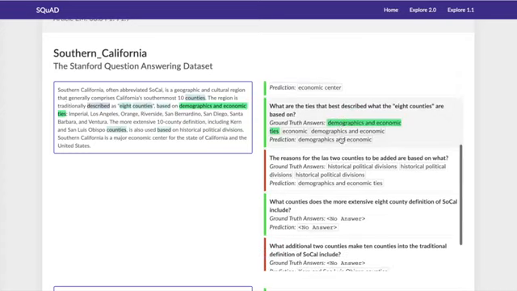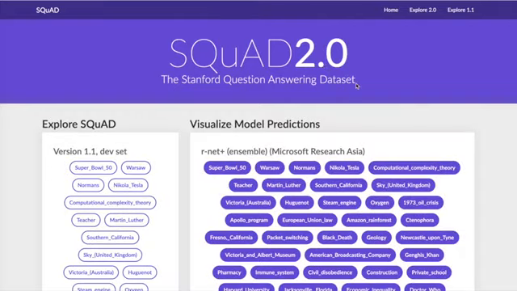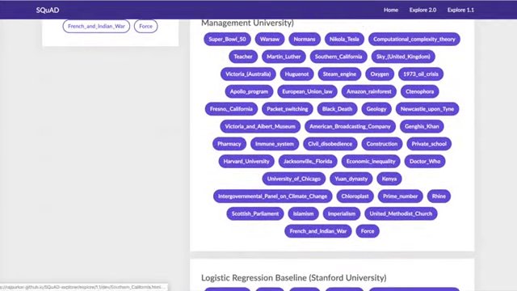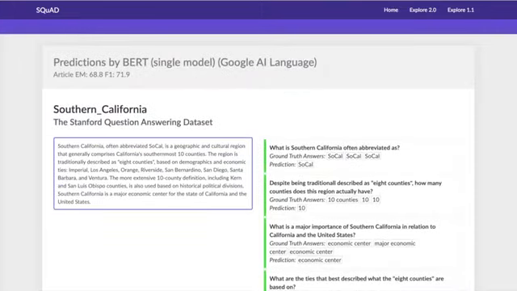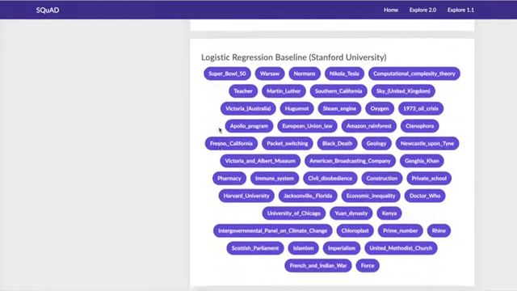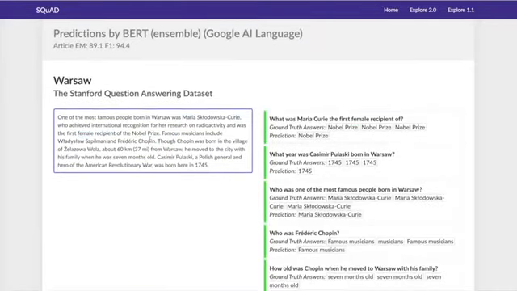It's interesting to look through this dataset and get a sense of the Stanford Question Answering dataset. The difference between Stanford Question Answering 2.0 compared to 1.1 is that in 2.0 they have questions that you can't answer from the paragraph, whereas in 1.1 all of the questions have answers in the paragraph.